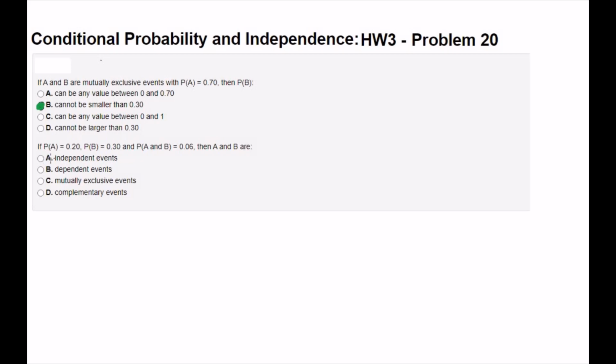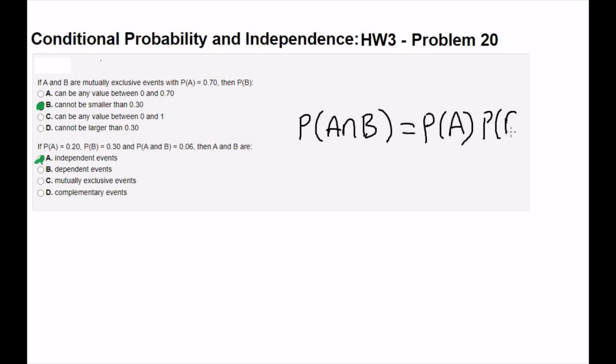If probability of A is 20% and probability of B is 30% and their intersection is 0.06, then A and B are independent, because if two events are independent, their intersection is their product. And if you multiply 0.20 times 0.30, you obtain 0.06.